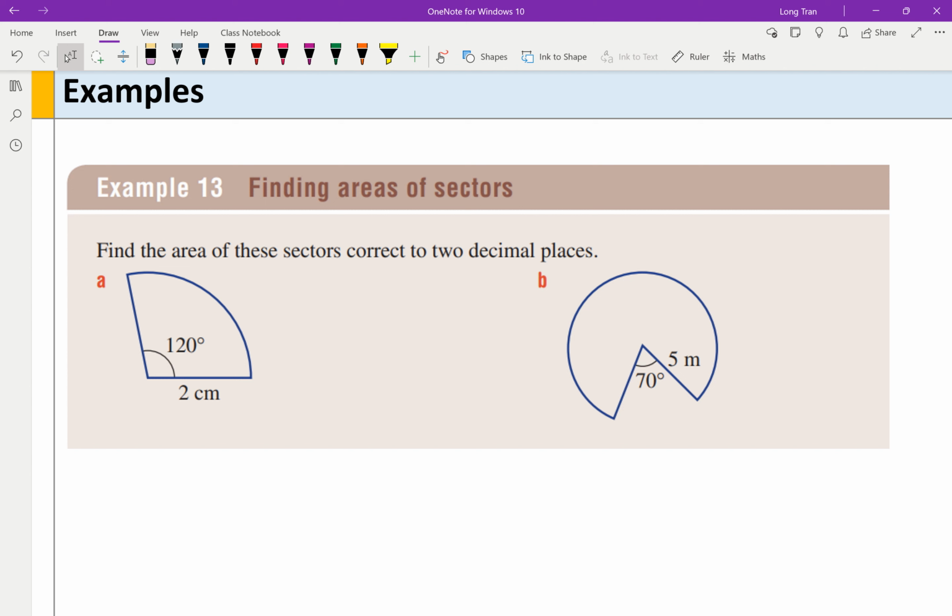So they're all sectors because they're all connected to the center of a circle. I've written the formula for you.